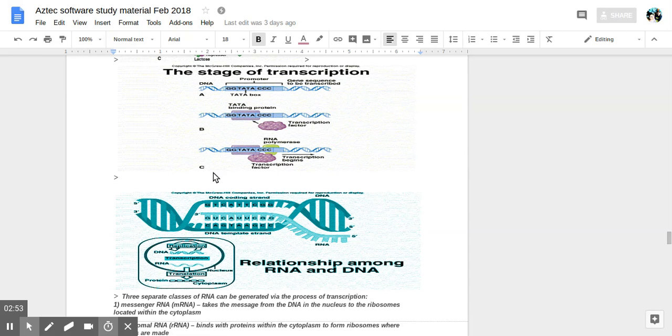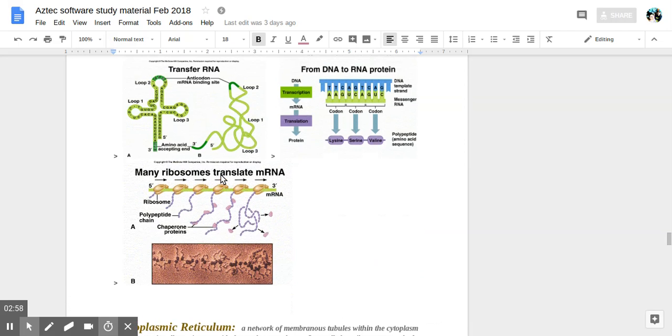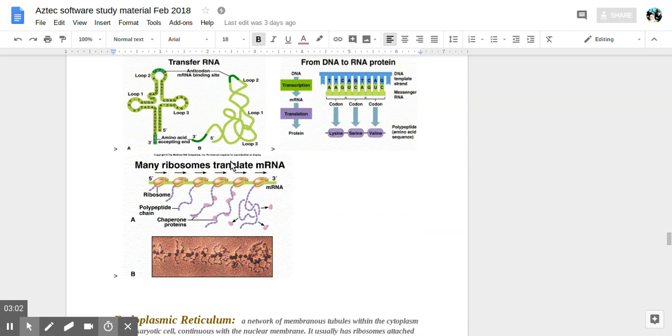So the sequences that need to be transcribed are transcribed off the genes, and these sequences leave the nucleus and are turned into proteins.